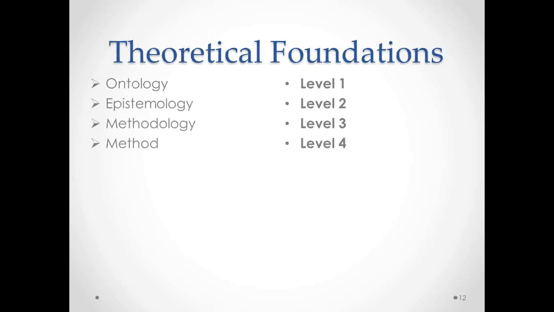When we talk about research, we tend to talk about theoretical foundations. There are fundamental differences in the way a positivist and a humanist view certain aspects. So we talk about ontology, epistemology, methodology and method. Ontology and epistemology are really important.